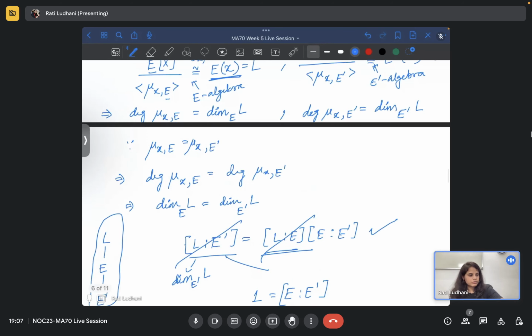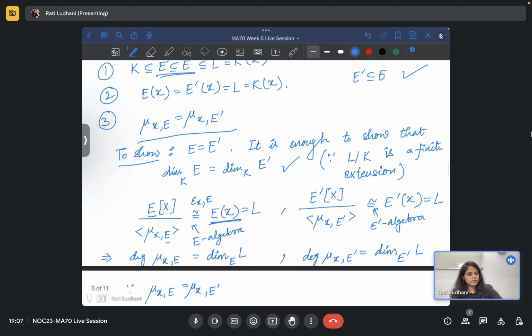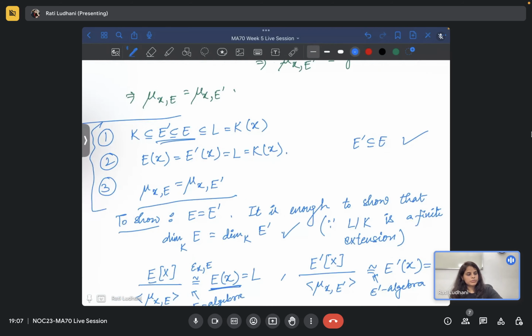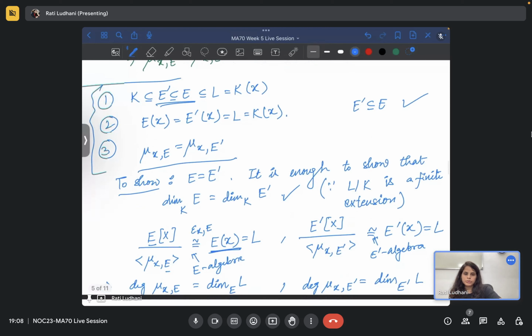Okay. So we just use two things. So we got these three conditions. From there we need to conclude that E is equal to E dash.